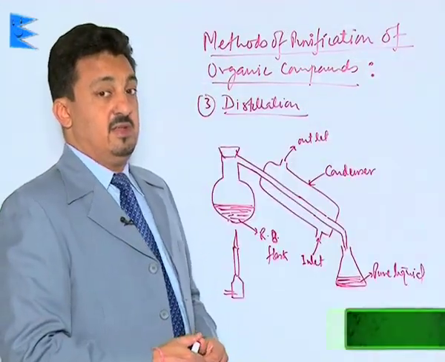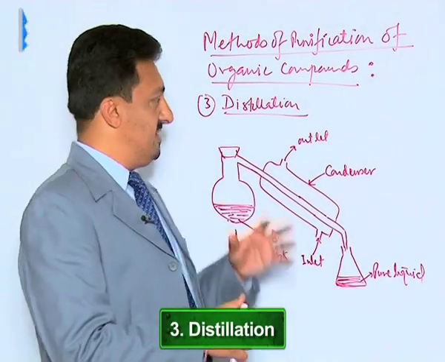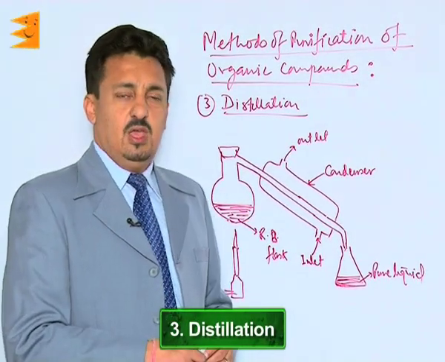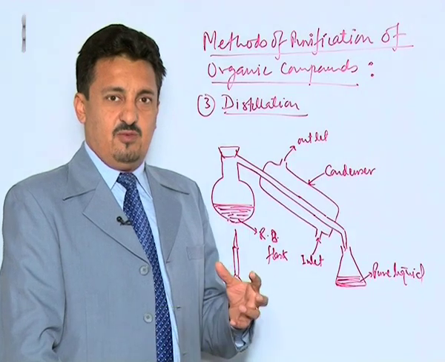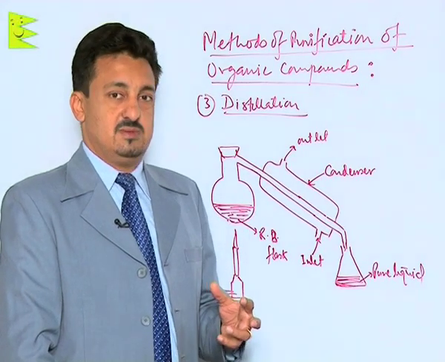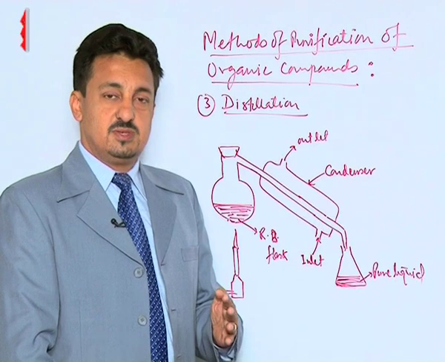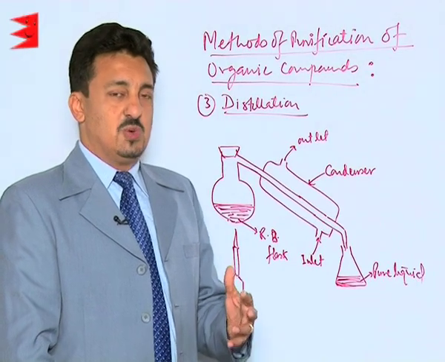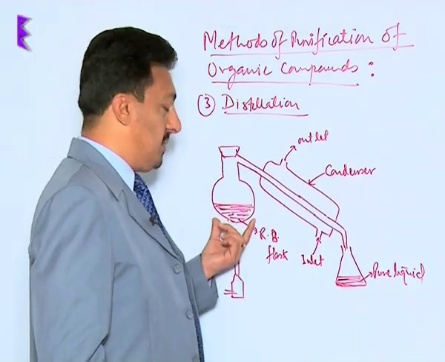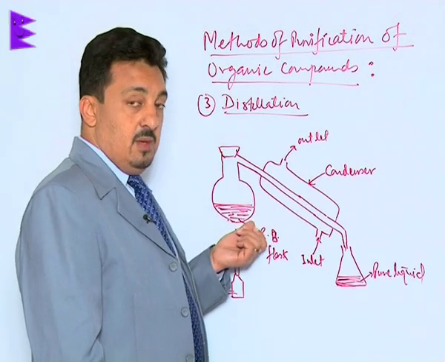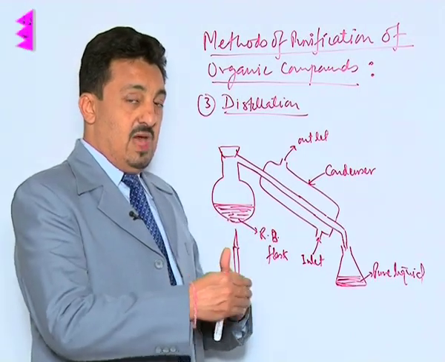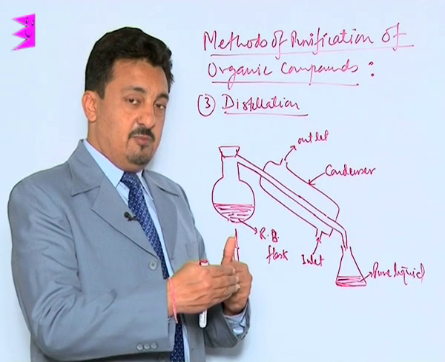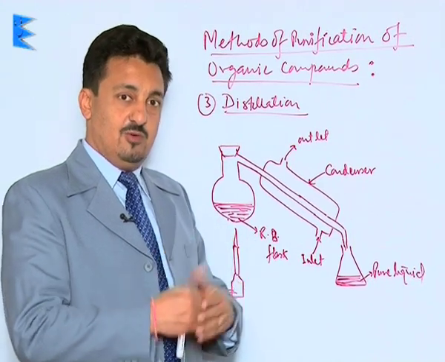The next method in the purification of organic compounds is the distillation method. We all know distillation, it's a process of separating two miscible liquids which differ in their boiling points. It's a very usual technique in which we take the miscible liquids and heat them in such a way that one of the components has a higher boiling point and the other has a lower boiling point.